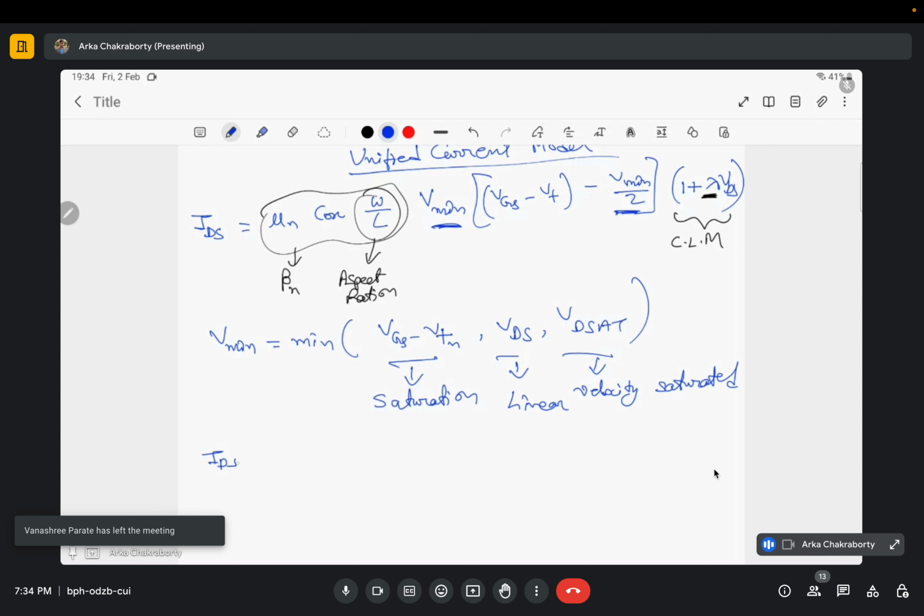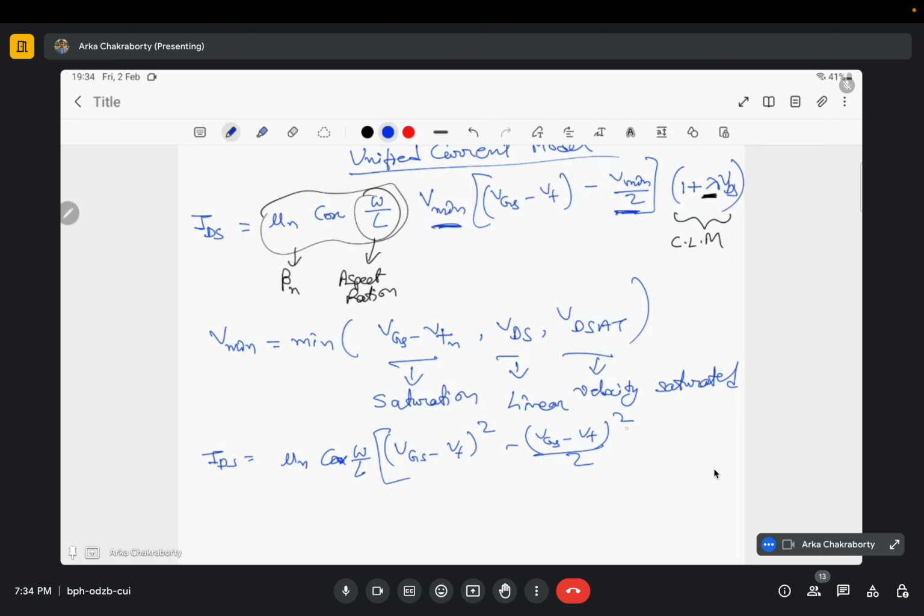So for saturation, I get the equation mu n Cox W by L, and I replace V min with VGS minus VT, so it becomes (VGS minus VT) squared minus (VGS minus VT) squared by 2. So it becomes mu n Cox W by L (VGS minus VT) squared divided by 2. This is the equation that we got in the previous class, if you remember. And I told you that the unified current model expression is not that important if you know all the conditions and biases.